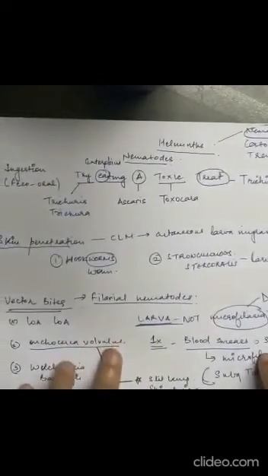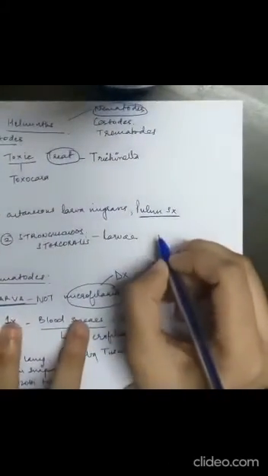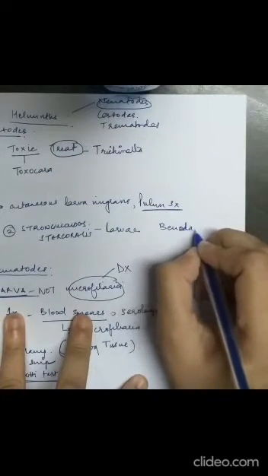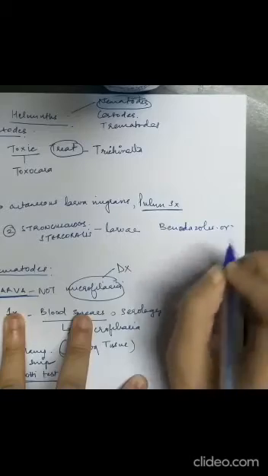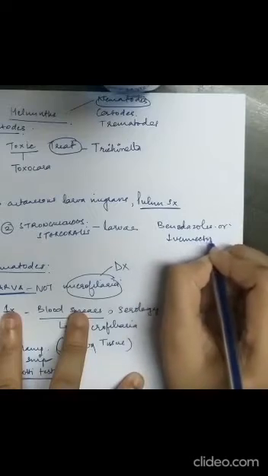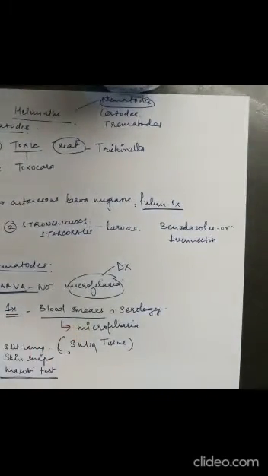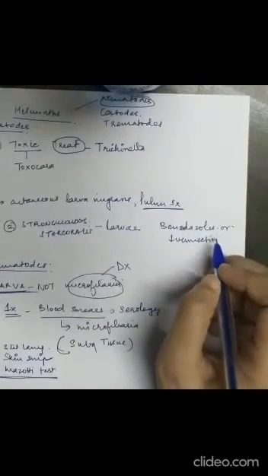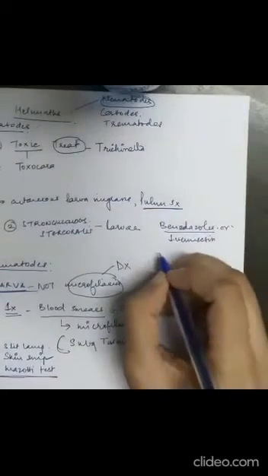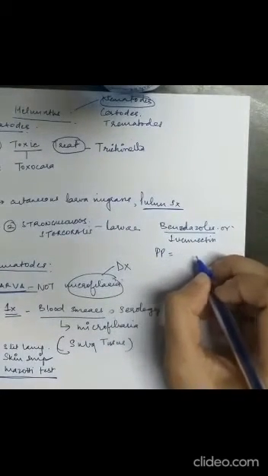And the drug of choice for them is bendazoles, or ivermectin if there is cutaneous larva migrans. Another drug you can give if bendazoles are not tolerated well, that is PP. PP is parental pamoate.